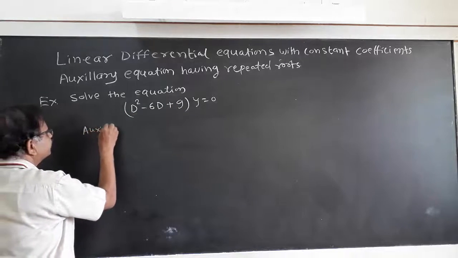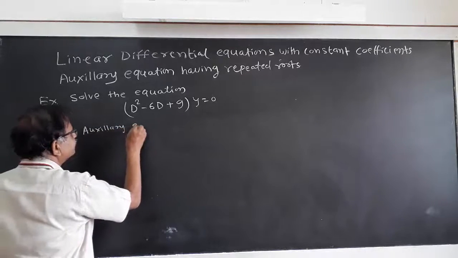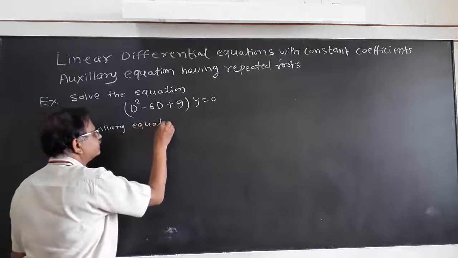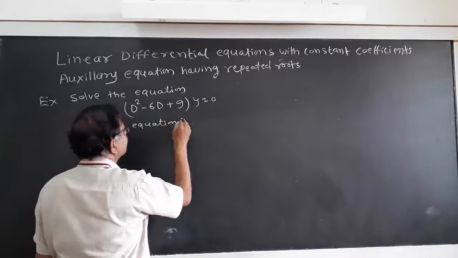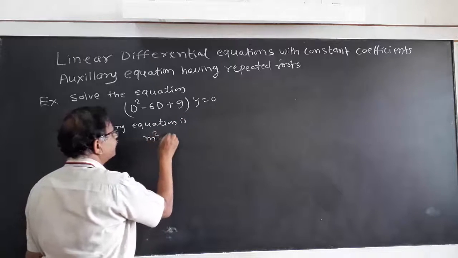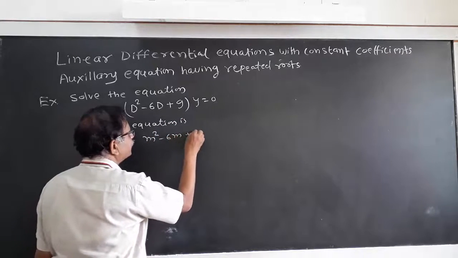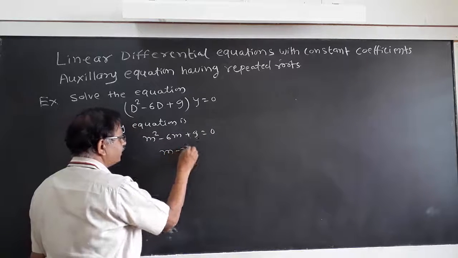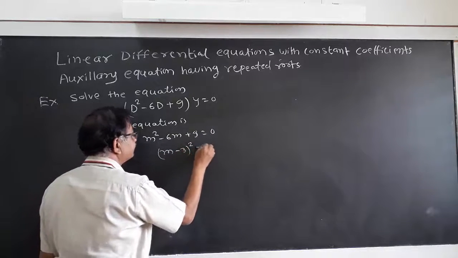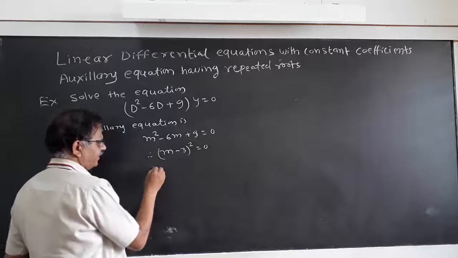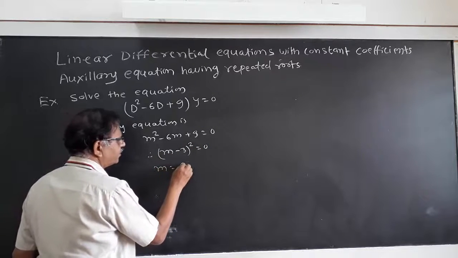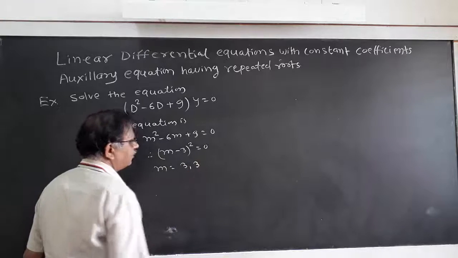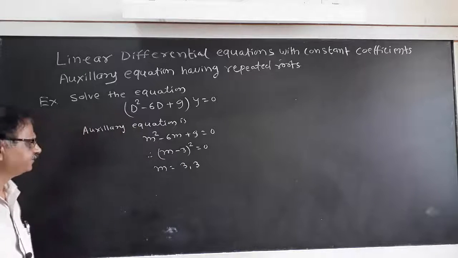Auxiliary equation is m square minus 6m plus 9 equal to 0, and this is nothing but the perfect square of m minus 3, and hence m equal to 3 and 3. The root 3 is repeated 2 times.